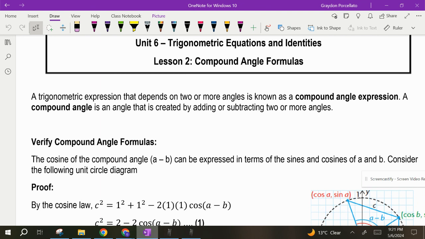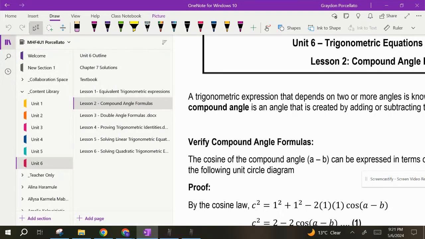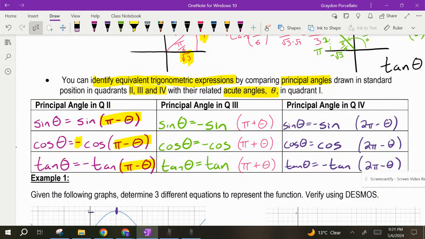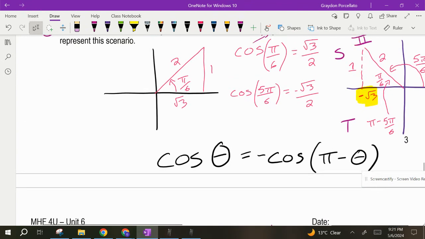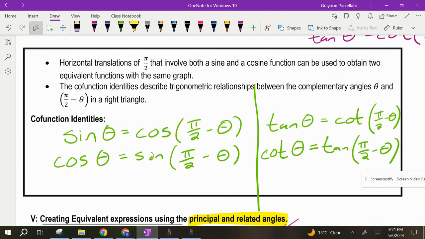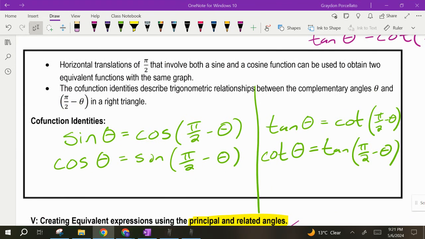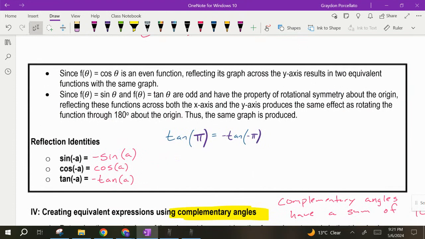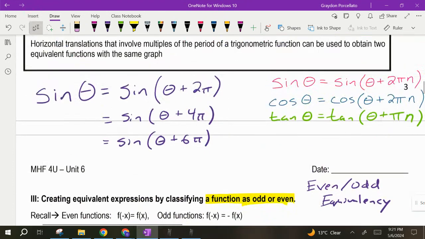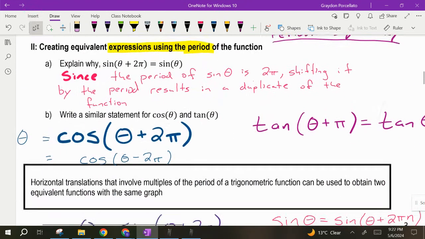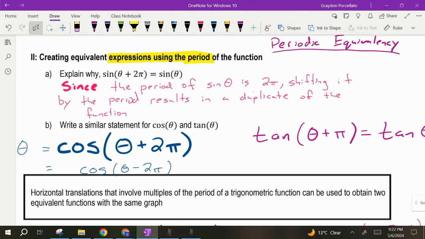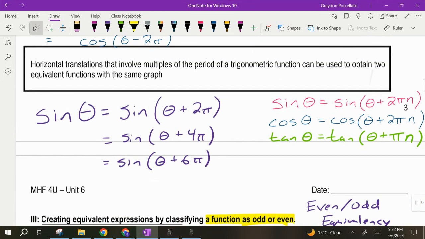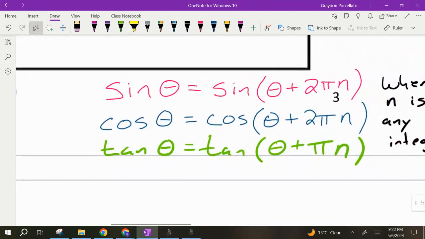And what we did is we created a whole bunch of them. If we look back quickly, we can see that we created 9 equivalent trig expressions here, 4 more here, so that's 13, and 3 more here, so 16. These ones were basically an infinite number, so 16 plus infinity, if we just add our period, plus n.